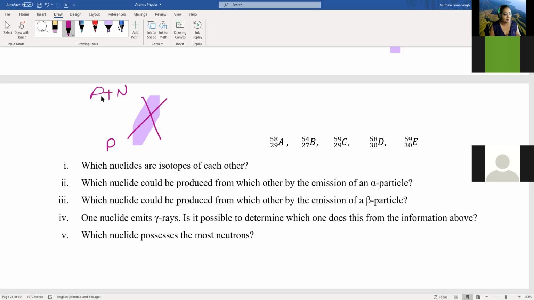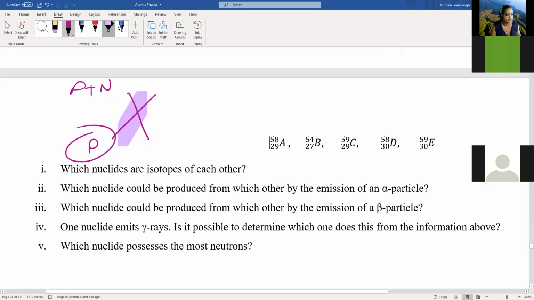So the number at the top, which is your mass number, changes. Anytime we're dealing with isotopes, the number of neutrons is changing. To identify an isotope of an element, look at your proton number and your neutron number. If your proton number remains constant and the top one is changing, you know you have an isotope.